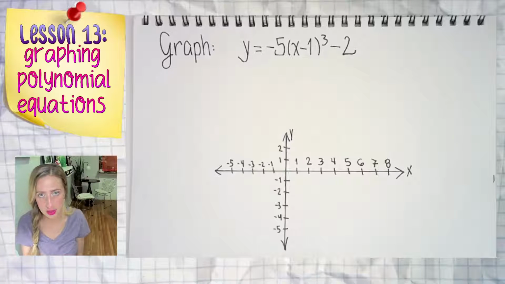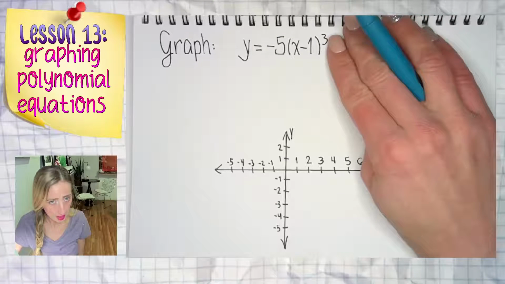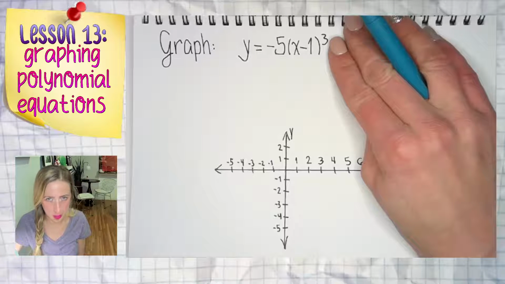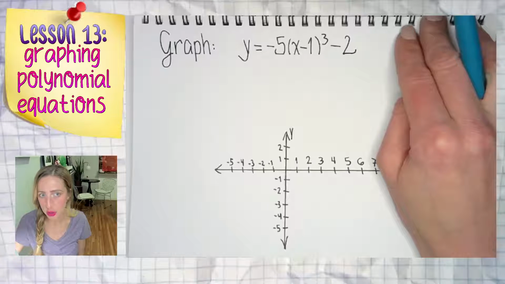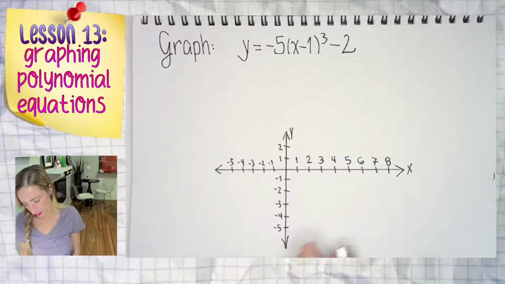So what I would like to do in this example is graph this using what we know, and then take everything that we come up with and shift it down 2 units. This is going to be our introduction to graphing transformations of parent functions, but a little informal.